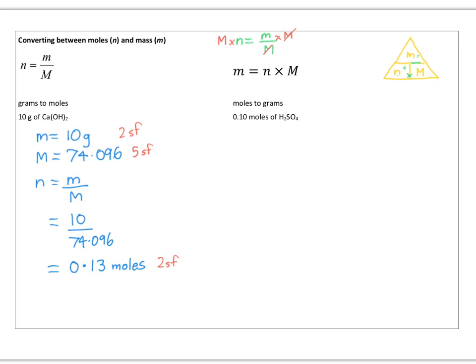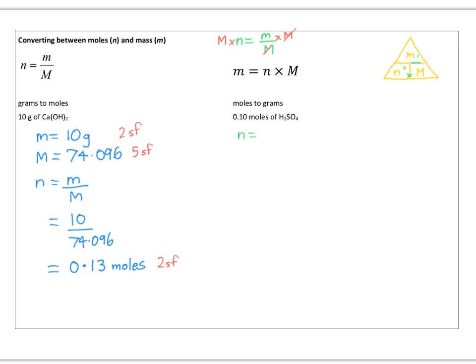Now let's look at going the opposite way. What about if we know the number of moles? In this case, we have 0.10 moles of sulfuric acid, and we want to work out how many grams of sulfuric acid 0.1 moles is equal to. Once again, we start with the info in the question.